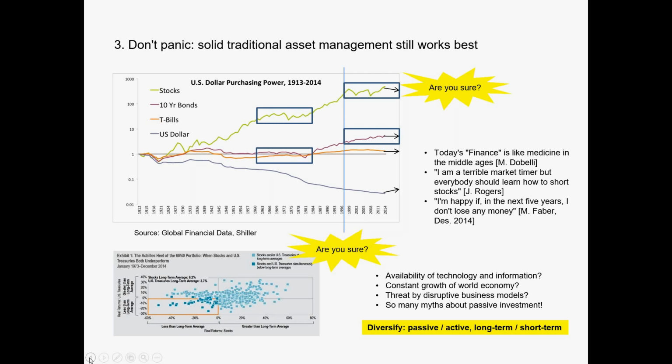Guys like Jim Rogers, who always says he's a terrible market timer, advises everybody to learn how to short stocks. And I'm not a fan of Marc Faber, but he's saying he would be happy, or his goal for the next 5 years is, not to lose any money.